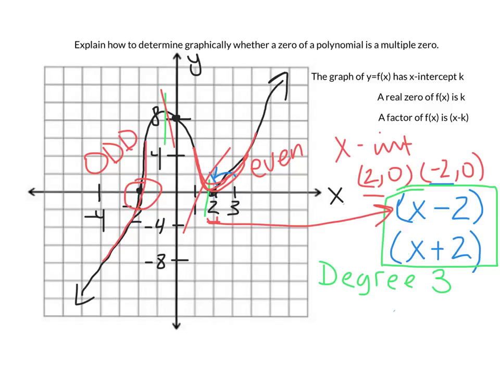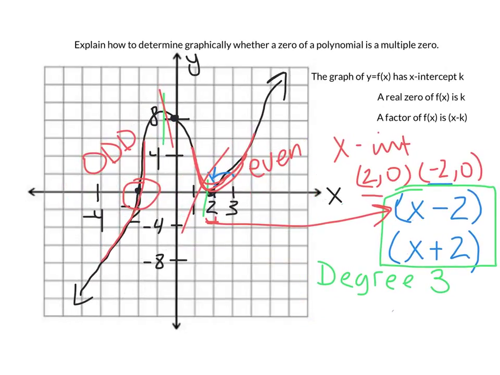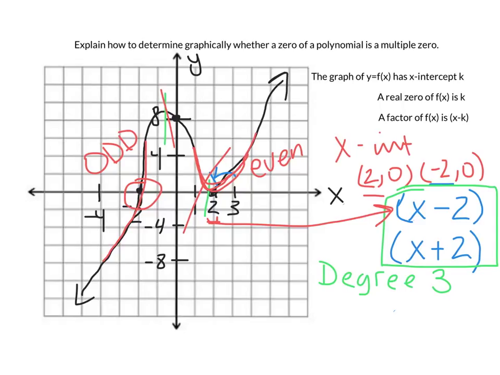So we said that one of these zeros has a multiplicity that is even. Can you remember which one it was? Right. It's the one that does not cross the x-axis. So it is this one. It does not cross the x-axis, so this particular factor needs to have an even degree.